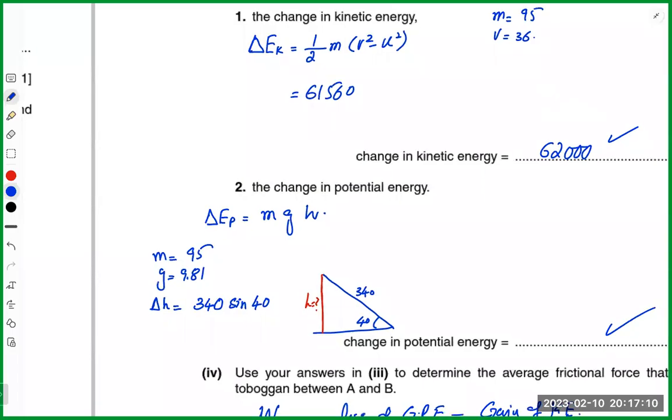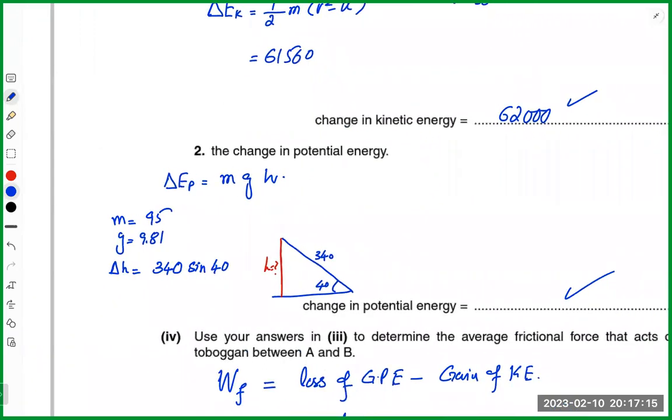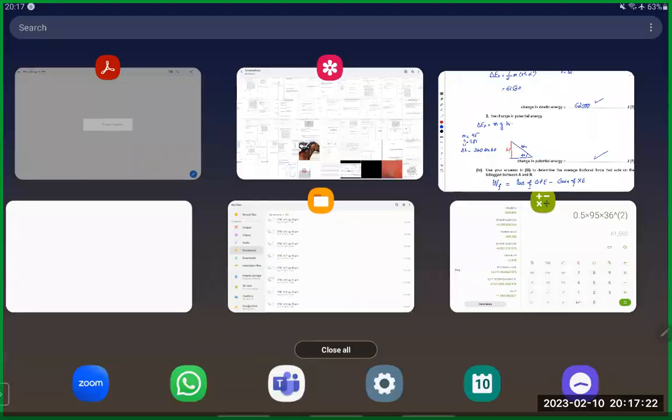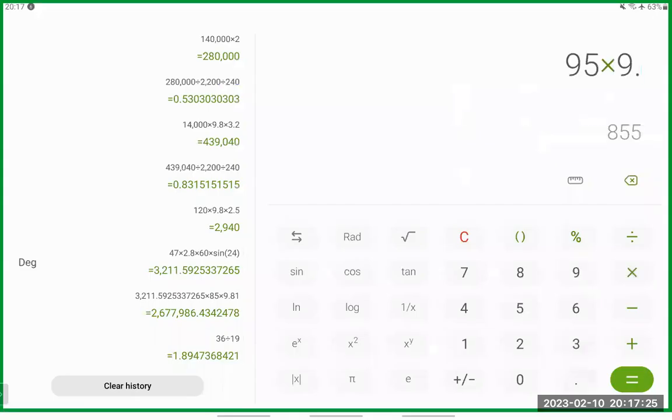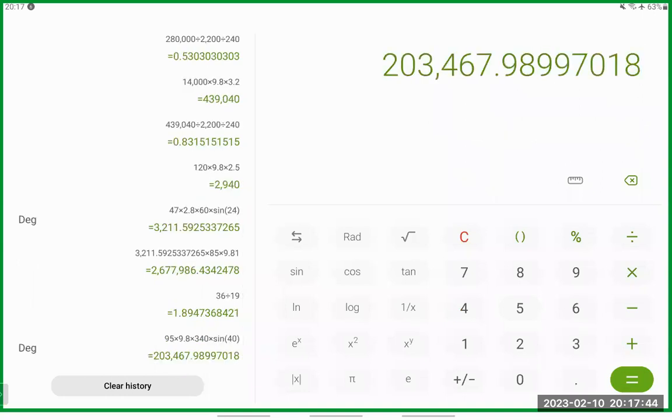Now change in potential energy. 95 into 9.8 into 340 sine 40. 203,000.